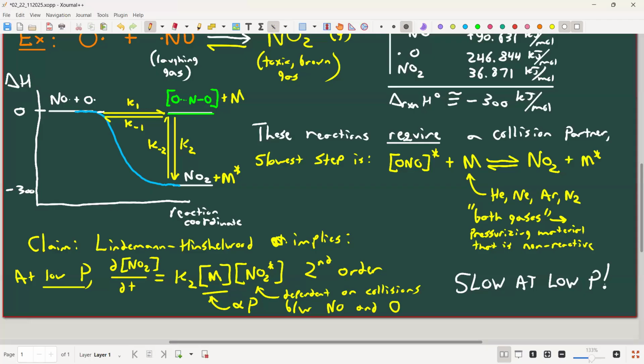So what happens is that at high temperature, this reaction becomes even slower. So it's slow at low P and it's slow at high T. Ideally, if you want to make NO2 efficiently from O and NO, you want to do it at low temperature and high pressure. That's in some sense a little contradictory to what you would think.